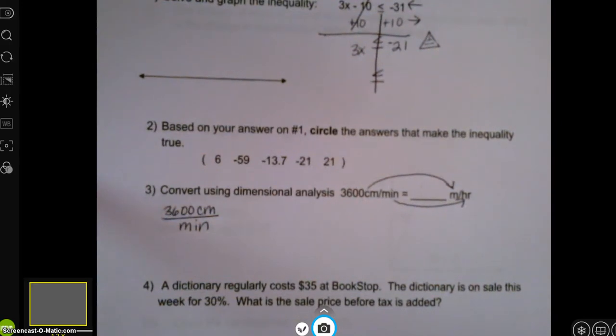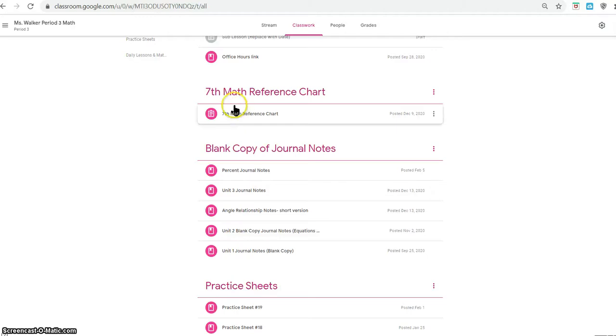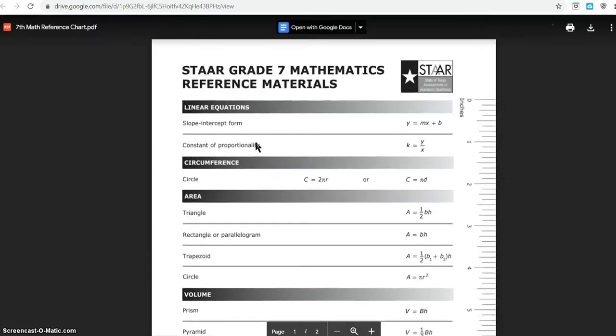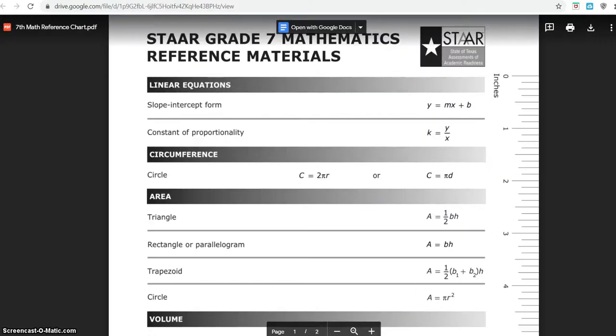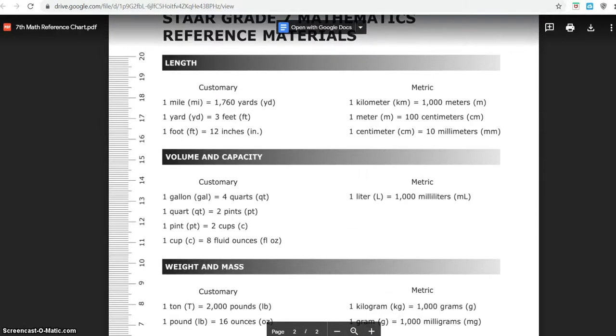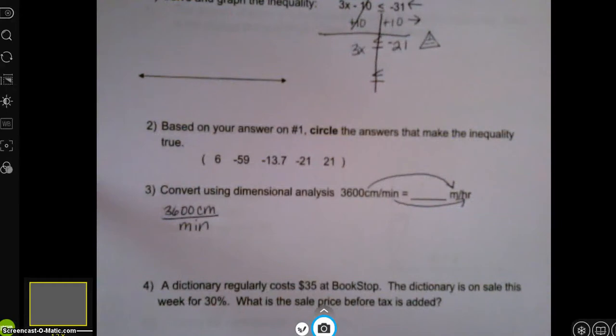So I'm going to look at my formula chart, which I can find in Google Classroom. Scroll down to get to the conversions. Centimeters to meters, right here, 100 centimeters is 1 meter.